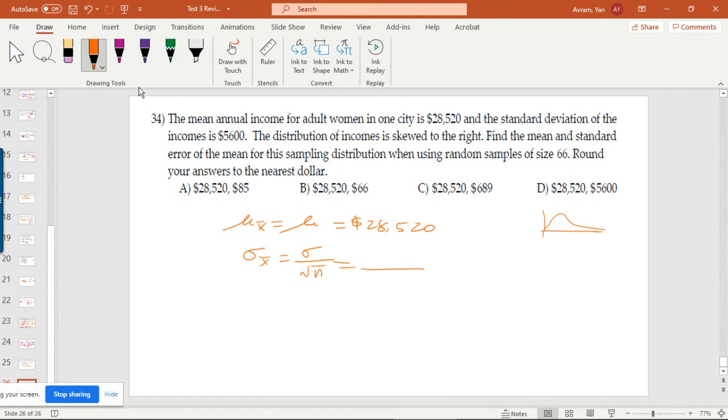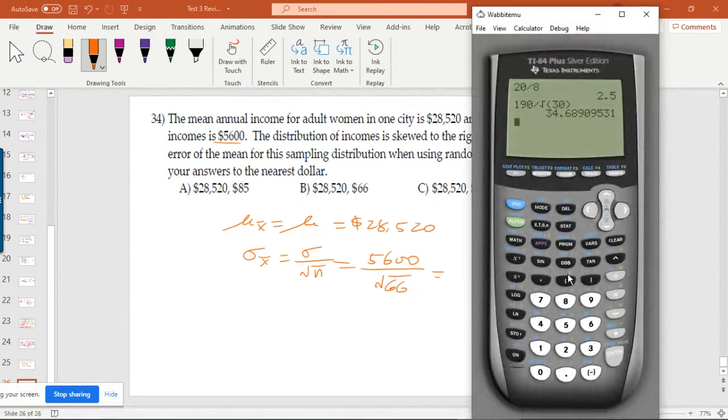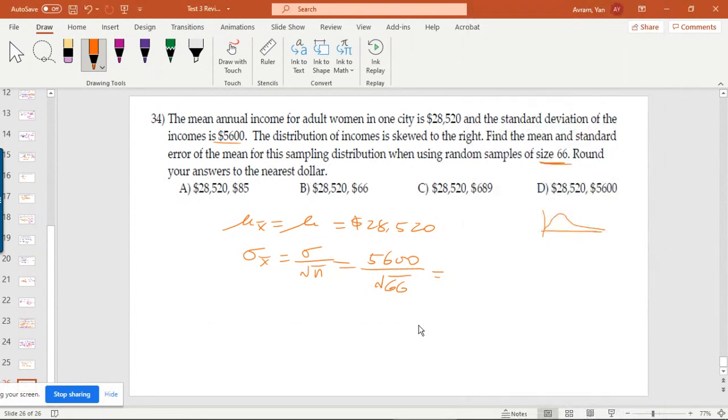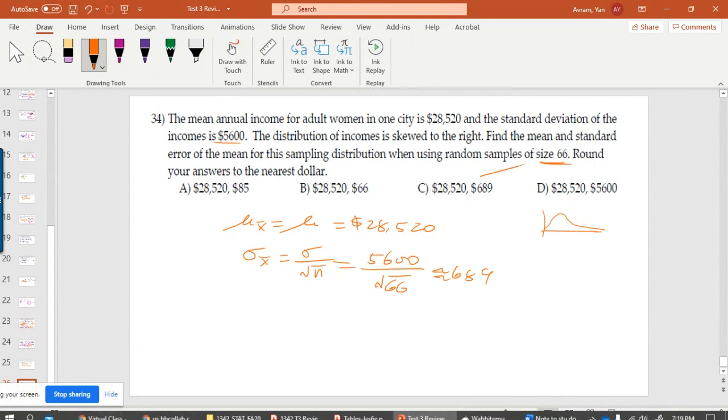And the standard deviation is 5600 divided by the square root of n, here 66. So we can do a little calculation, that's 689.31. Round to an integer, so that will be 689. Okay, all right, so that's it.